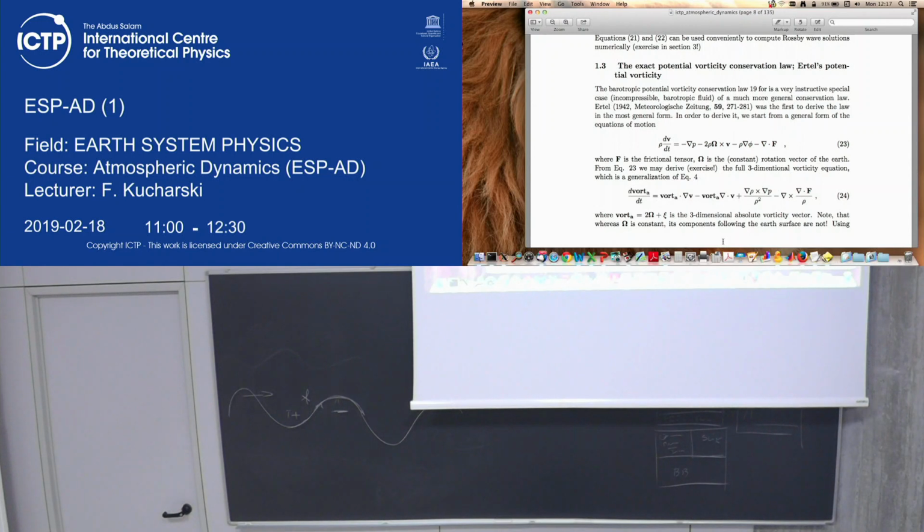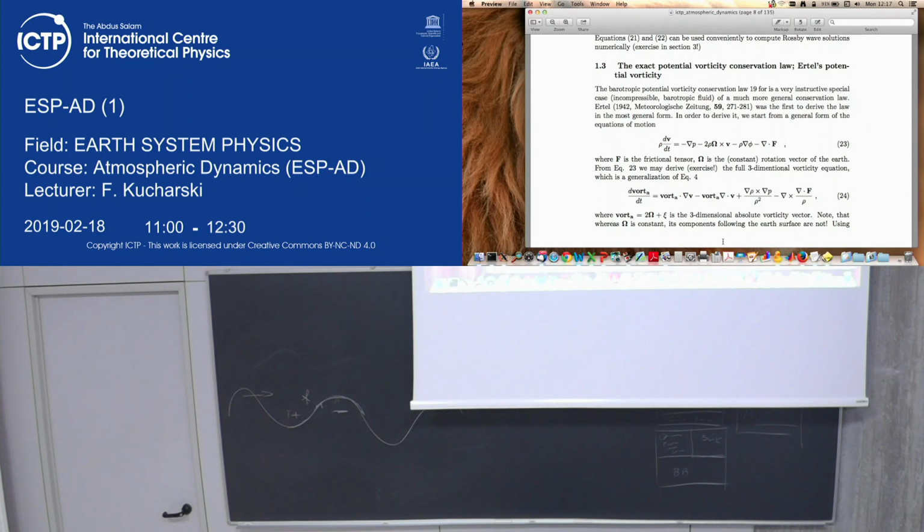You write down the Navier-Stokes equations. Let's see if we can still recall the terms here. This, we know, is the advection term, right? Pressure gradient term. What is this? Coriolis term.